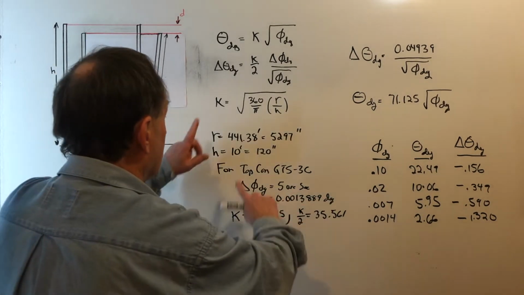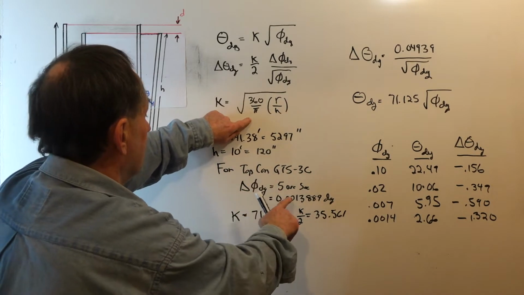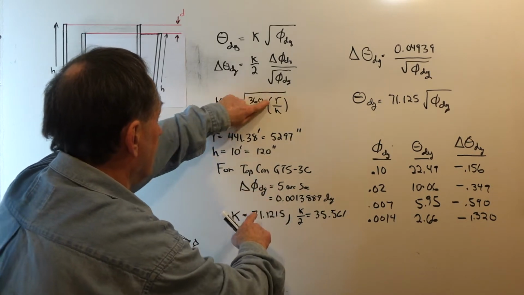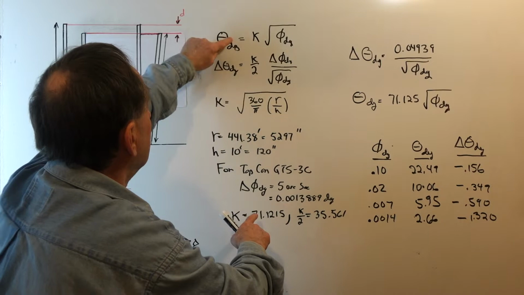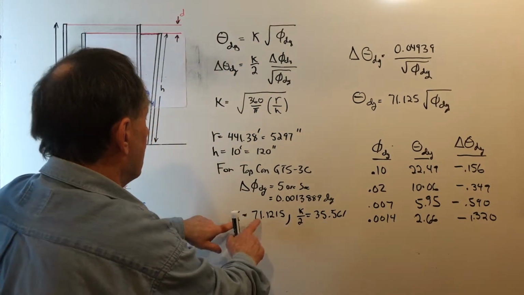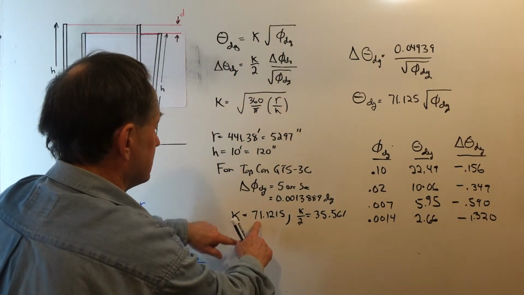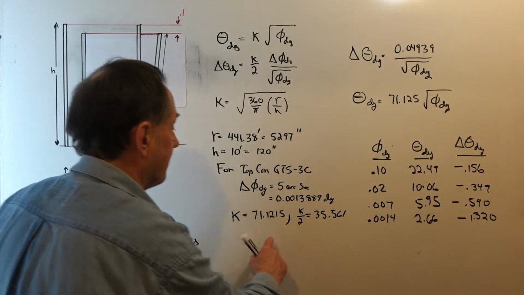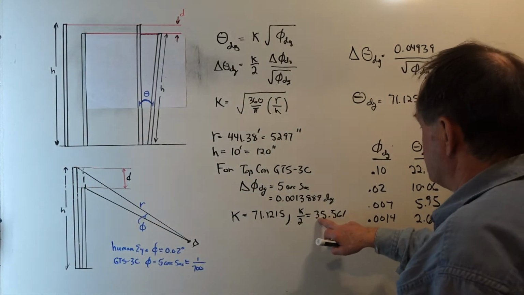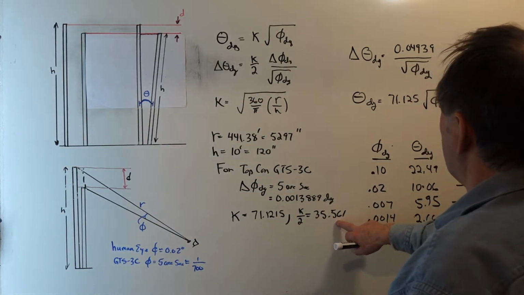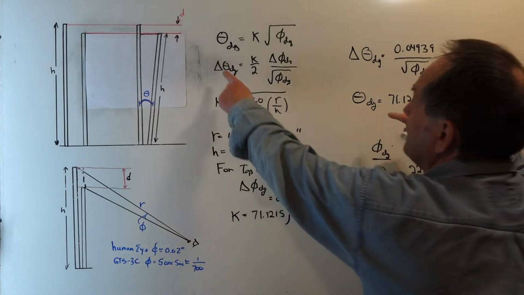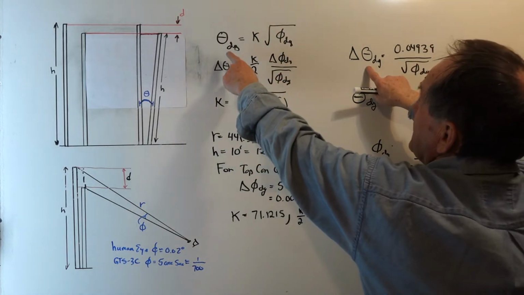And if we put all these values in for r and h and put them in these equations, our k value comes out to 71.1215. k over 2 is half this, or 35.561. And we put that in these two equations.